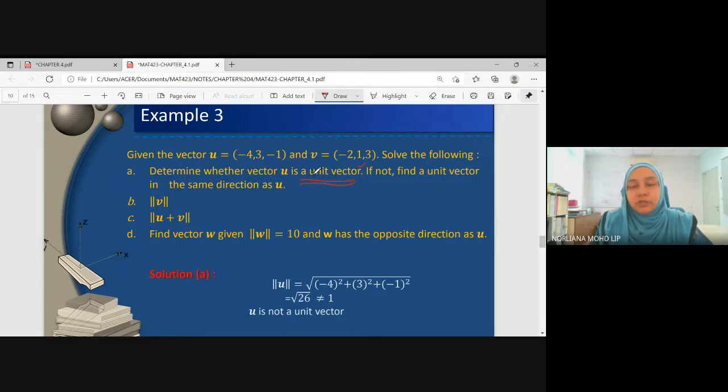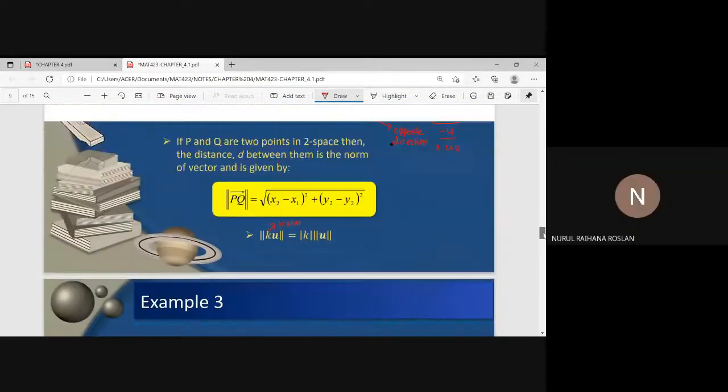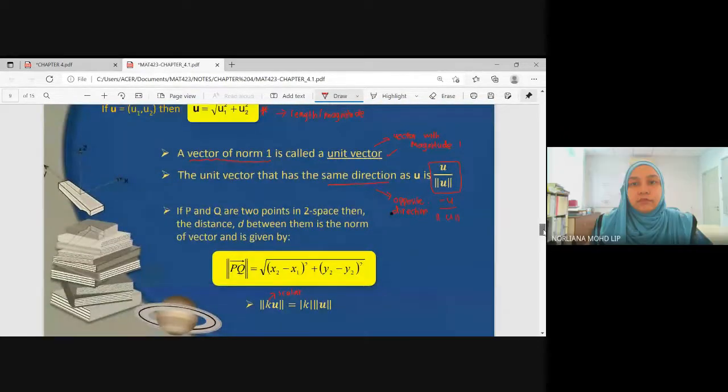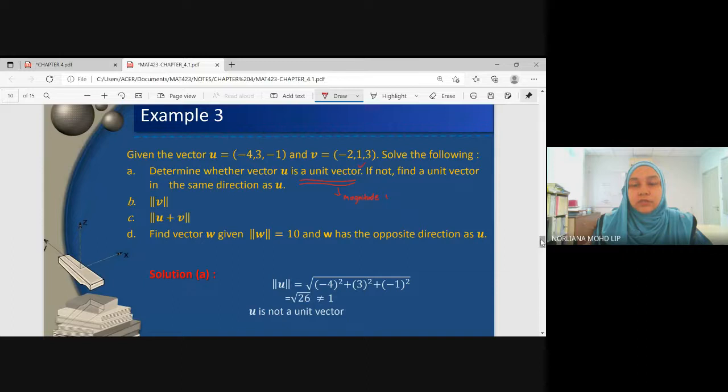What is a unit vector? A unit vector is a vector with magnitude 1. So you have to prove whether this magnitude is 1 or not.